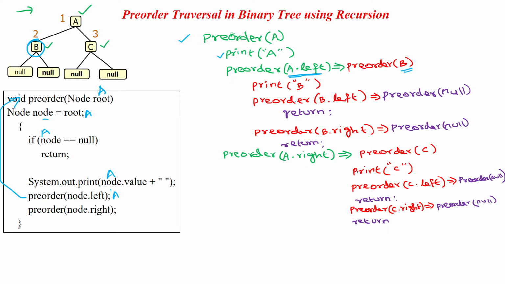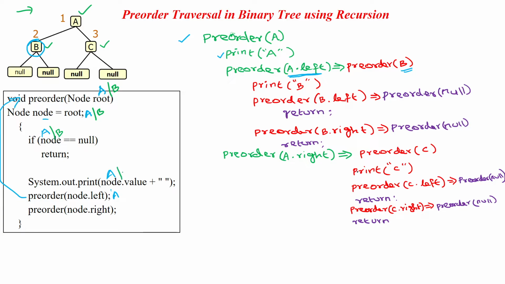So here A dot left is B, so B is passed now. The second time B is passed, B is the root, so root is assigned to the node. Now we are checking B equal to null, which is false.